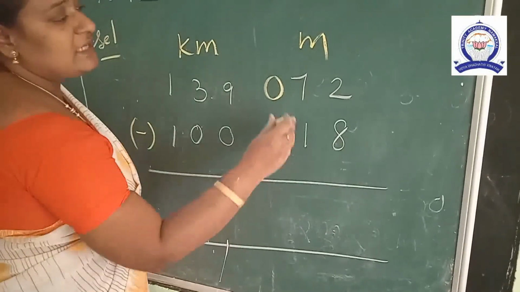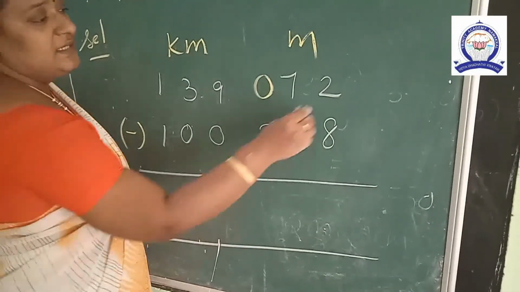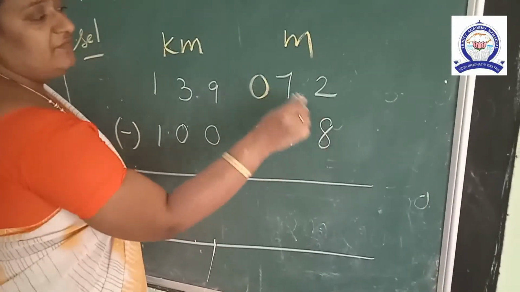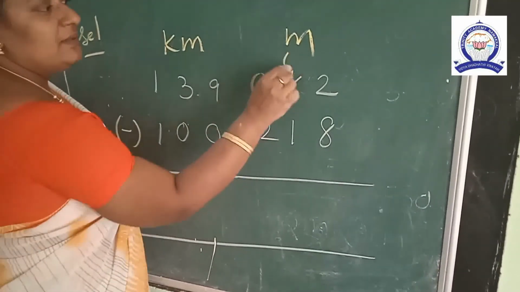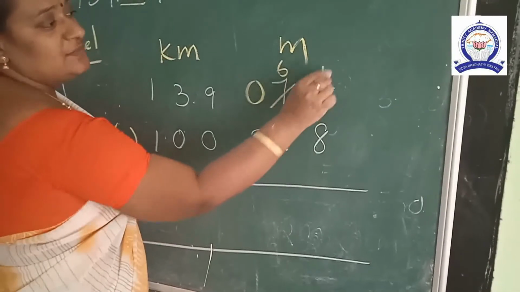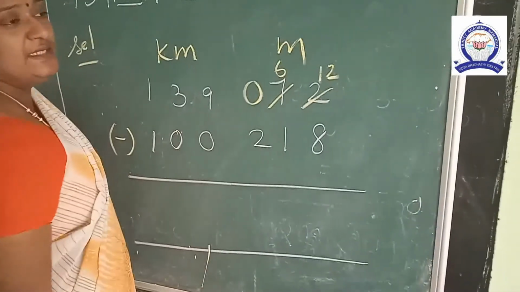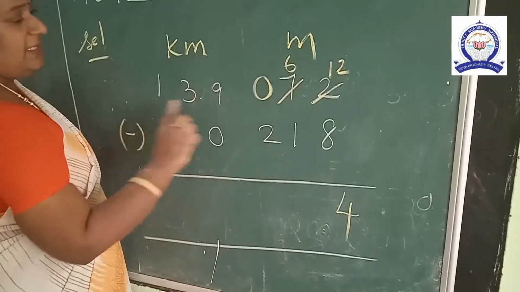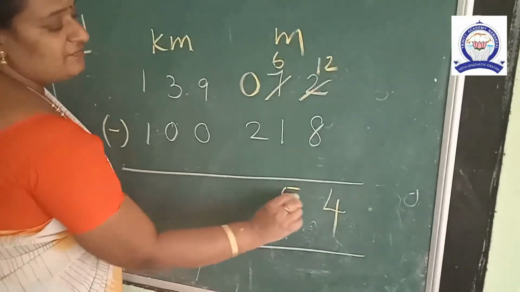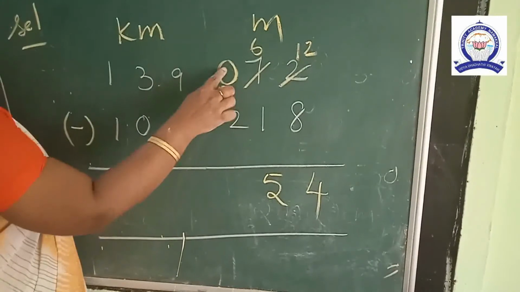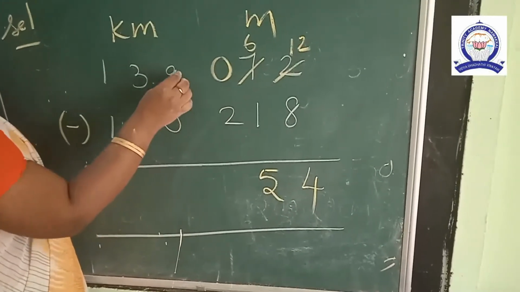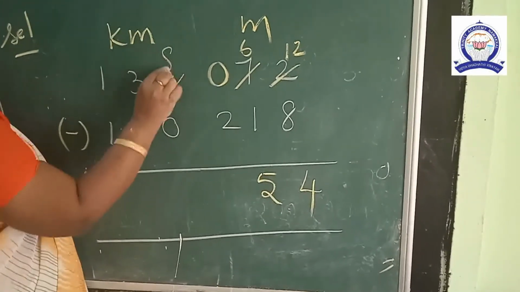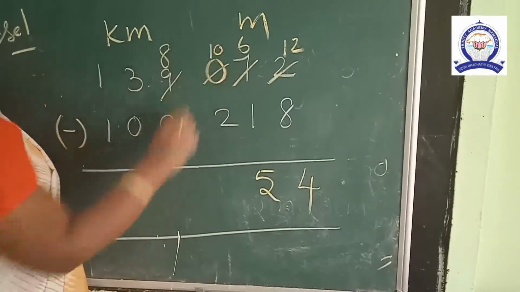You just subtract like ordinary numbers. We cannot subtract 2 minus 8, we have to borrow. So 7 will become 6, this 2 will become 12. So 12 minus 8 is 4. 6 minus 1 is 5. We cannot subtract 0 minus 2, so we have to borrow from here. So 9 will become 8, this 0 will become 10.